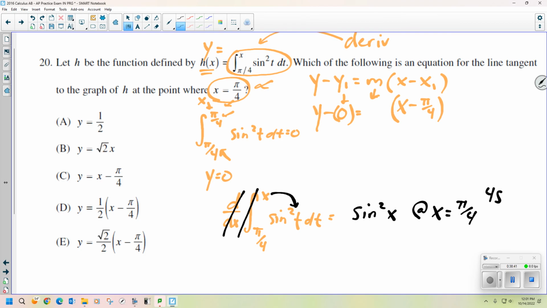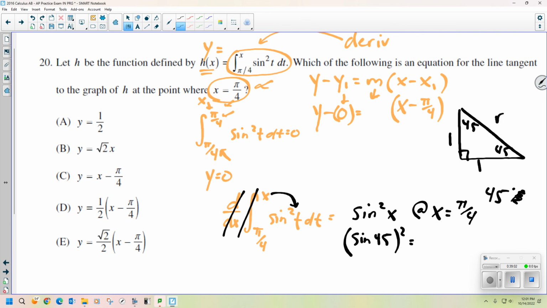That is 45 degrees. So let's take the sine of 45 and square it. The sine of 45 is 1 over radical 2. If you don't know your special triangles, you should know them. The sine of this is opposite over hypotenuse.